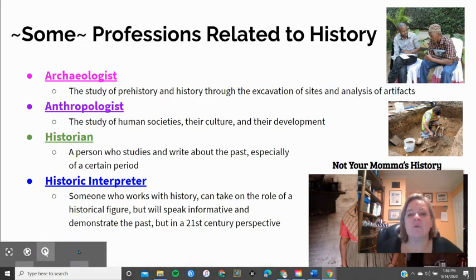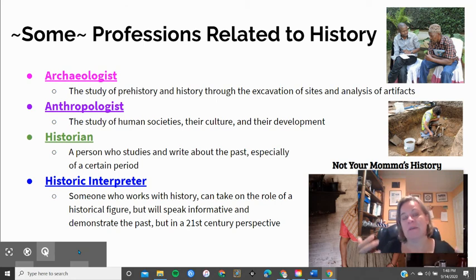Historical interpreters are people who literally go out, dress in the clothing like the person would have done. They speak the way the person would have spoken. They've studied that particular person, that particular group of people, so that they can emulate the way they were and pretend to really be that person.